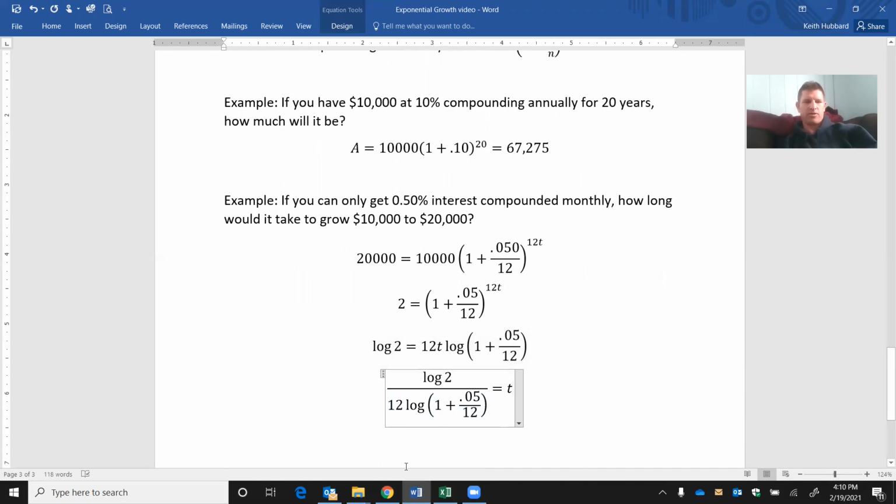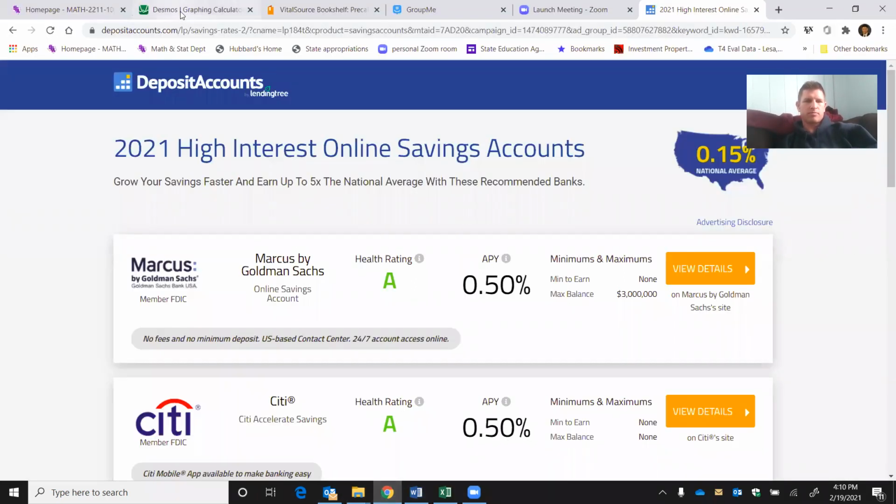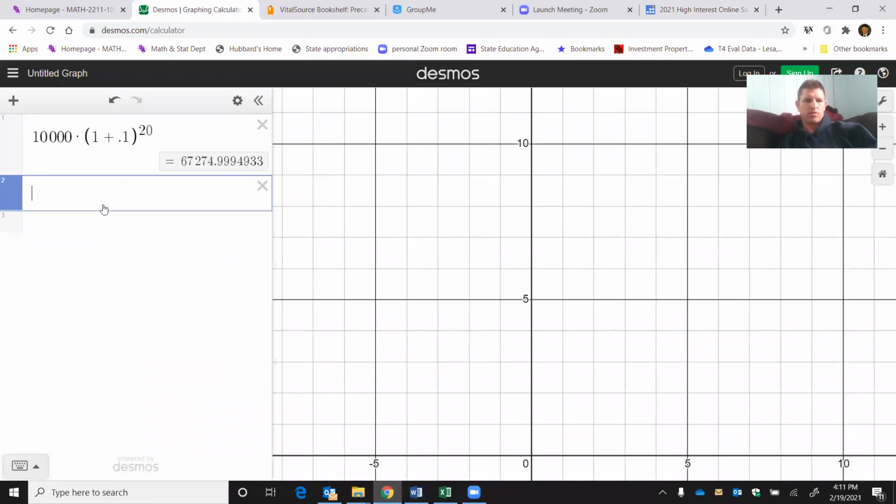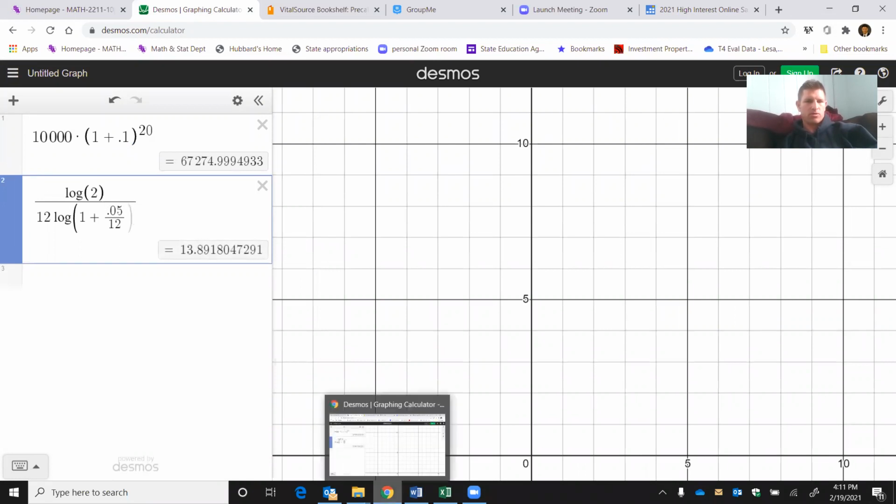So let's see if we can calculate that. Log 2 divided by 12 log of 1 plus 0.05 divided by 12. Okay, that's wrong.